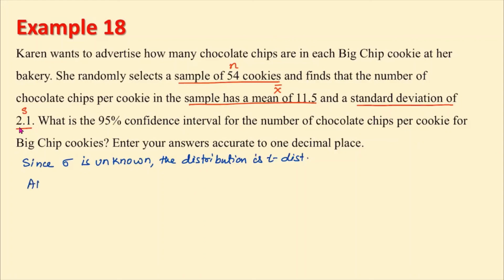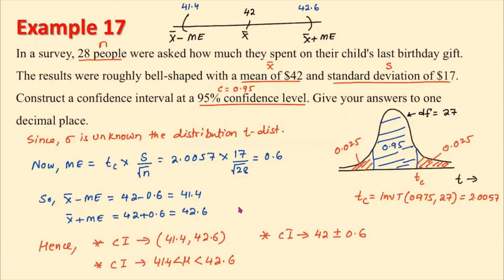Also, what we know from the previous example is that t critical for the 95% confidence interval, t sub c, is equal to 2.0057. If you need to know how to calculate this value, go back to example 17 and watch that video again.